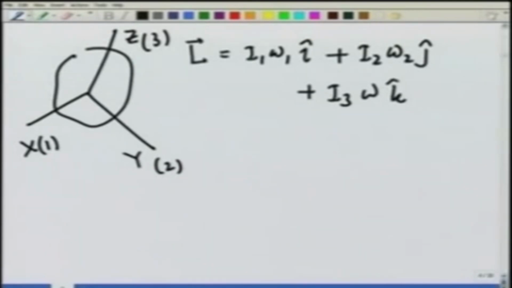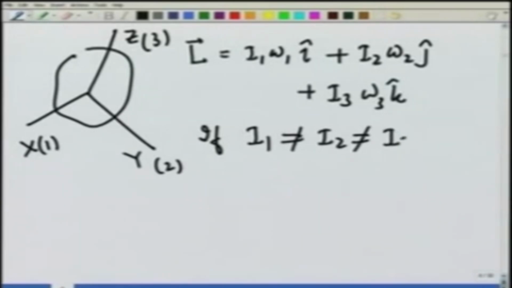This is diagonal. Notice, however, if I1, I2 and I3, the three moments of inertia are not equal, then L is not parallel to omega.